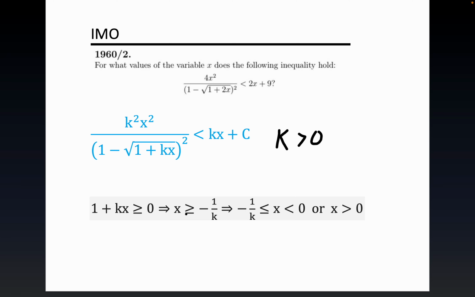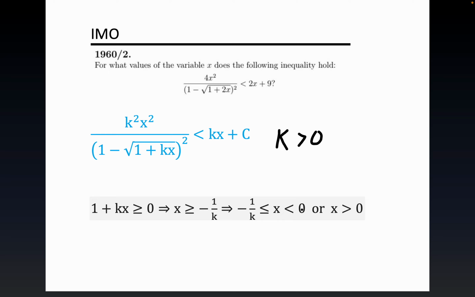And of course you get that x must be greater than or equal to minus 1 over k. Now notice k greater than 0 actually got applied here. If k was less than 0, this inequality would be reversed. So x is trapped between 0 and minus 1 over k.